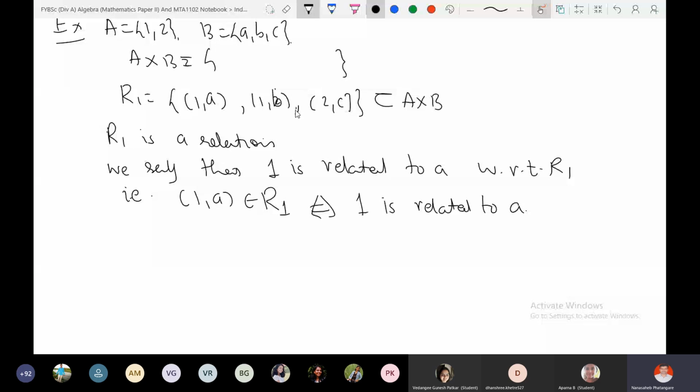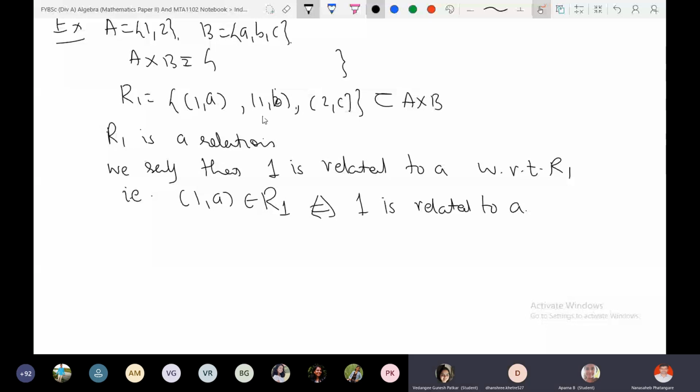So with respect to this relation, nothing else. That means 1 is not related to c, 2 is not related to a, and 2 is not related to b.